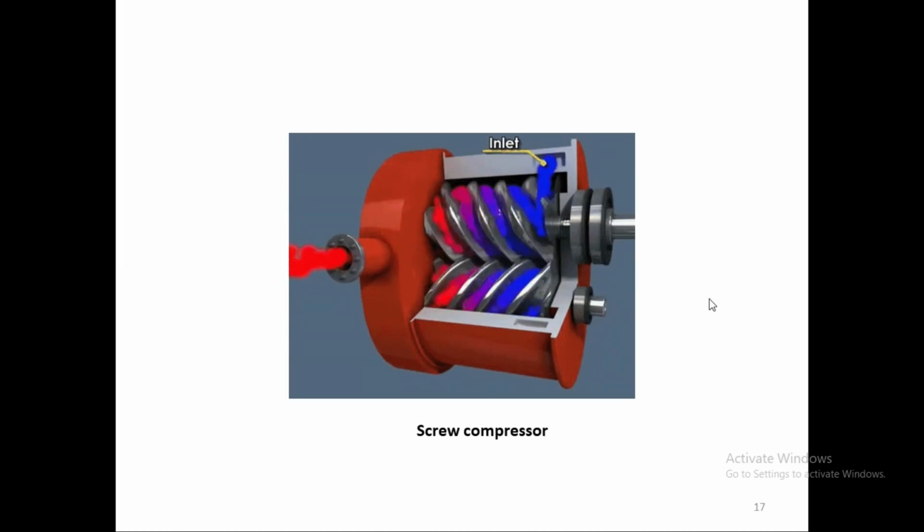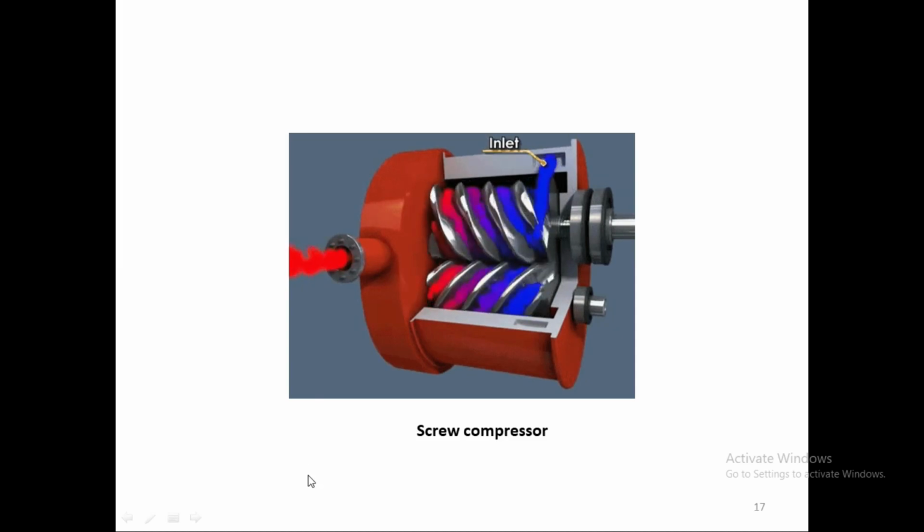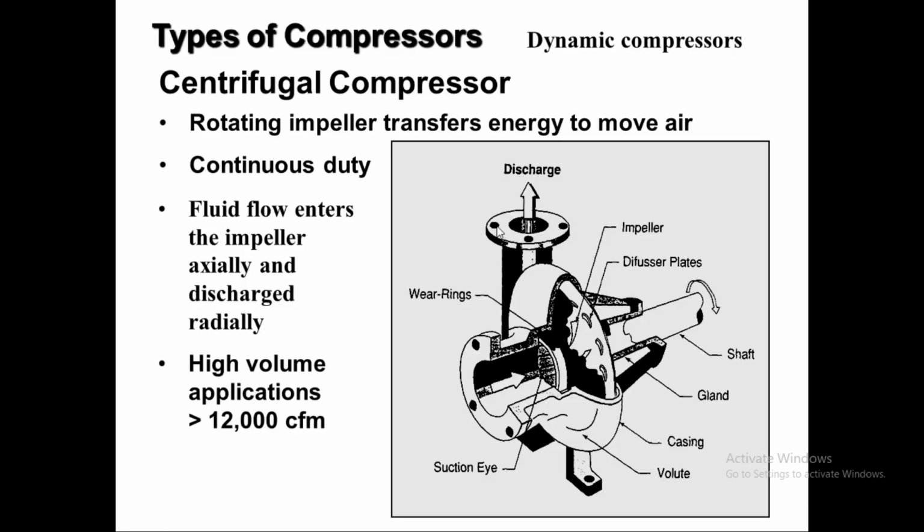Okay, so moving on, this is the dynamic compressor, the centrifugal type of compressor. This is the impeller, and this is the diffuser plate here. This is the blade which is rotating at very high speed.